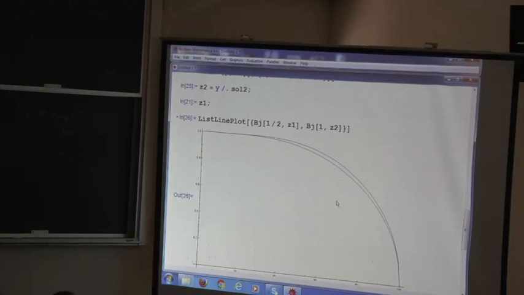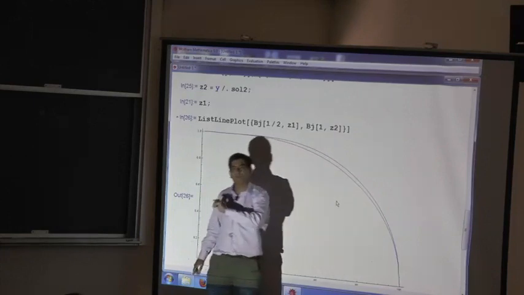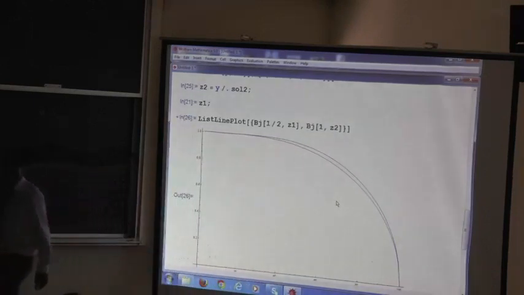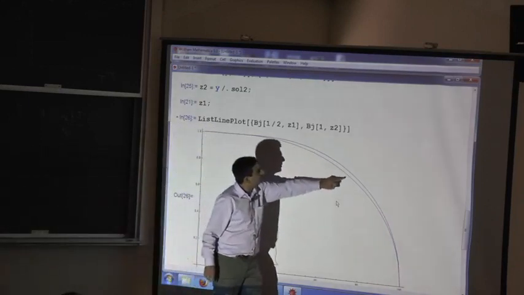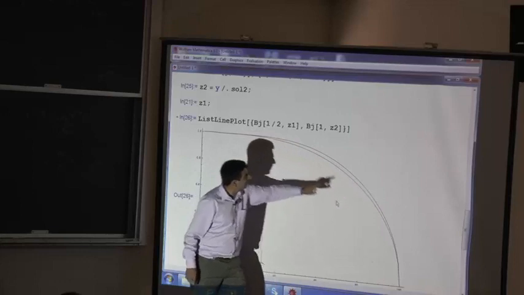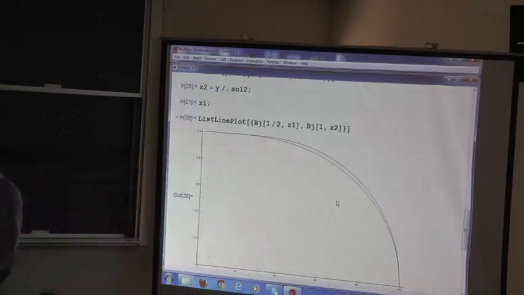I get this magenta curve, this curve over here. Alright, so by changing the spin, this is for a spin half system, this is for a spin 1 system, I can draw graphs of spin 3/2 systems for arbitrarily large angular momentums.